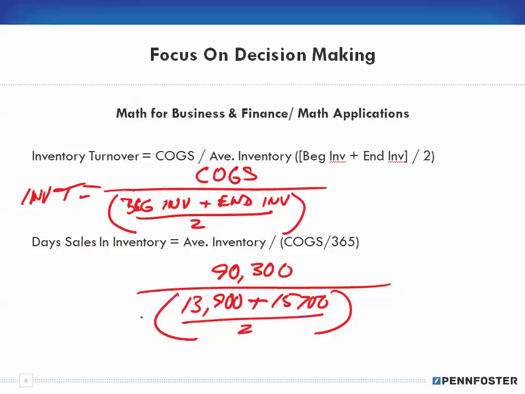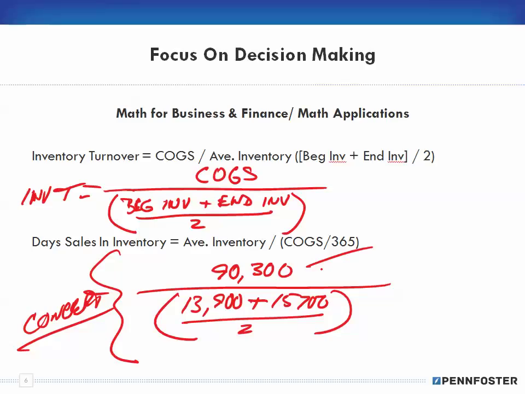Now, at times, depending upon the concept, you may not have covered something just yet, and they give you the information. Or at times, you can't get a complete set of books, so they just give you information. The whole idea here is that you're learning about inventory turnover. That's the concept. And in learning that concept, like this cost of goods sold, you should already have that down pat.